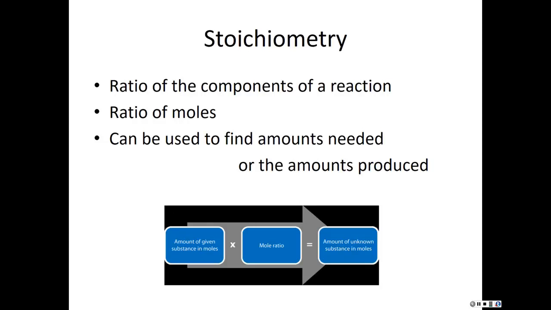So here then, how many moles of Al are needed to form 5 moles of Al2O3?